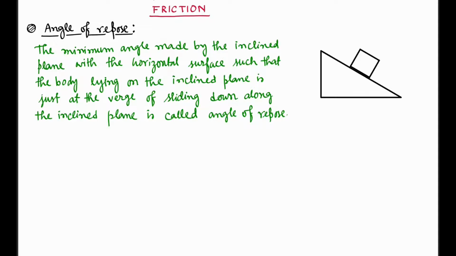Therefore, we can say that the minimum angle made by the inclined plane with the horizontal surface such that the body lying on that plane is just at the verge of sliding down along that plane is known as angle of repose. Here, phi is the angle of repose, that means the specific angle of inclination.